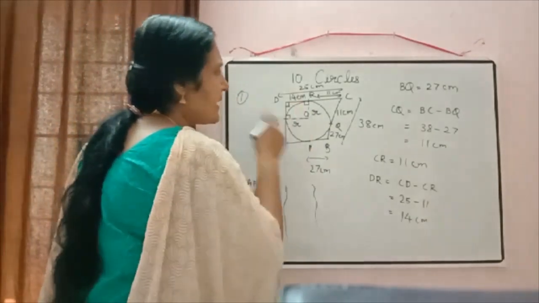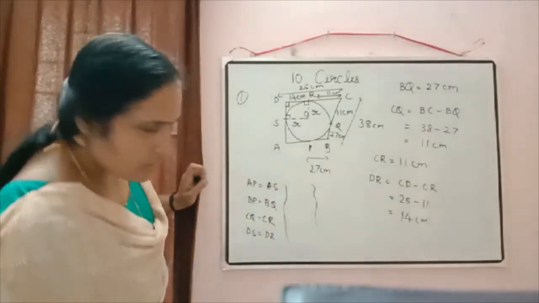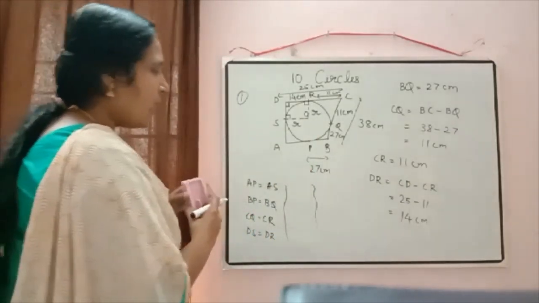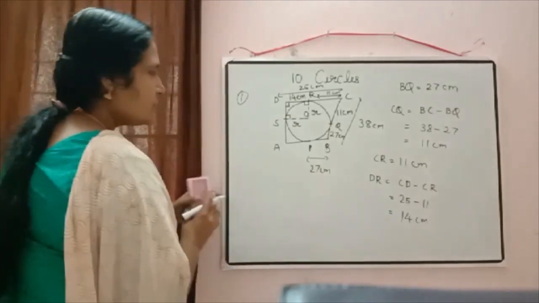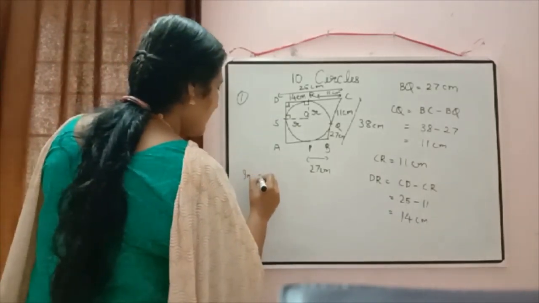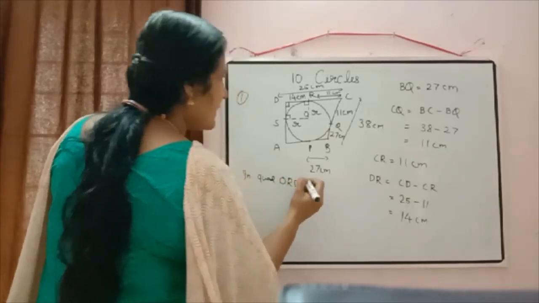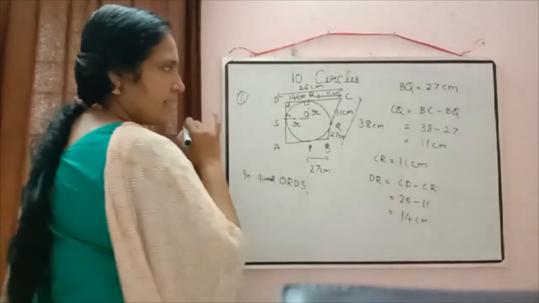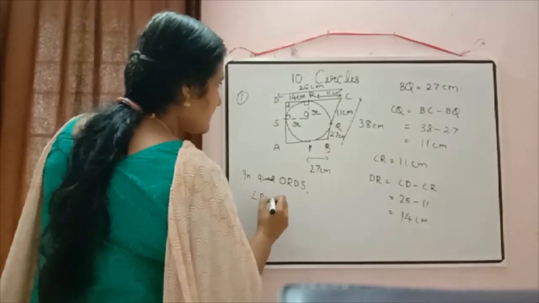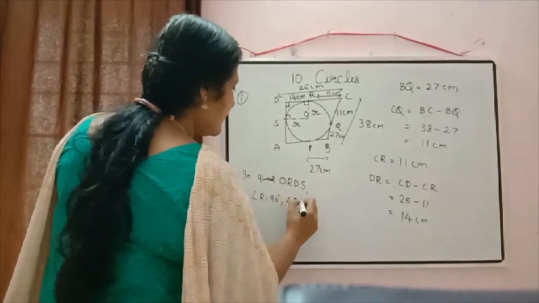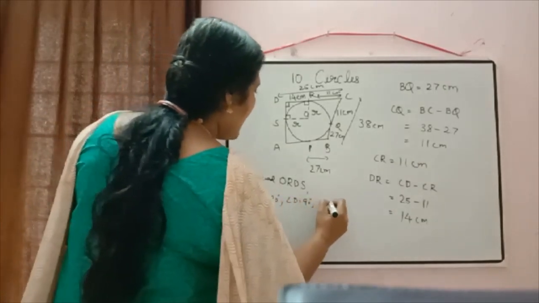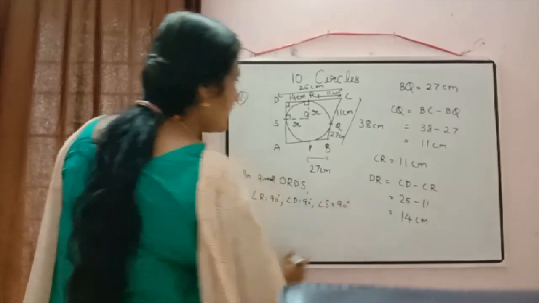So what can you say about this quadrilateral? Which quadrilateral? Quadrilateral ORDS. Just check in quadrilateral ORDS. We have angle R 90 degree, angle D is equal to 90 degree, angle S also is equal to 90 degree.